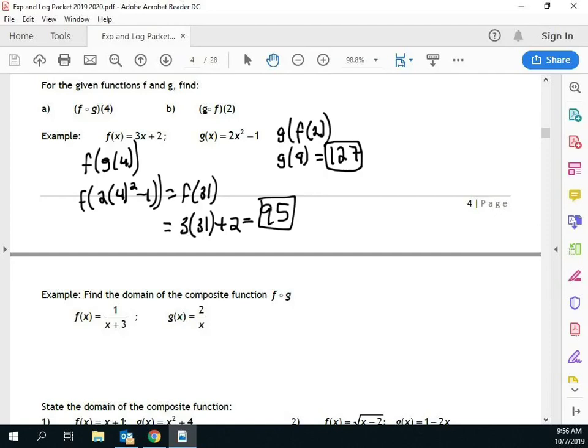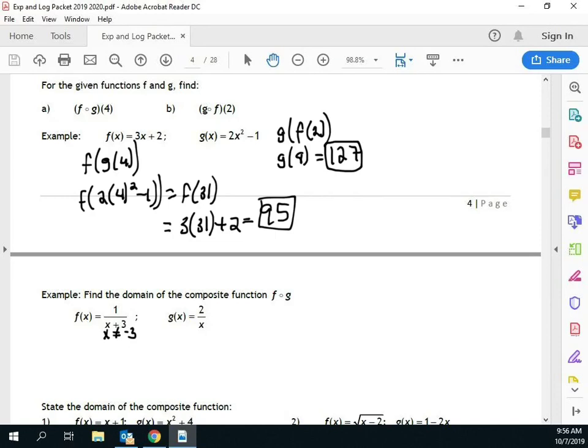All right, let's get started on the example for finding the domain of the composite function. With this, guys, as we did in the example, what is the domain of the individual functions at first? What x value can we not use in the function f? x cannot equal -3.